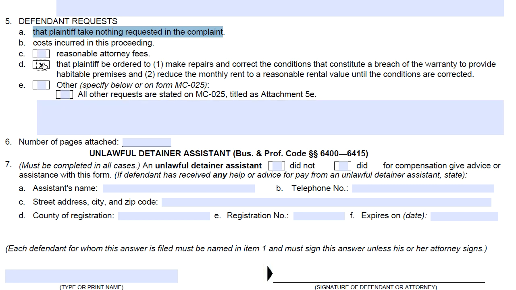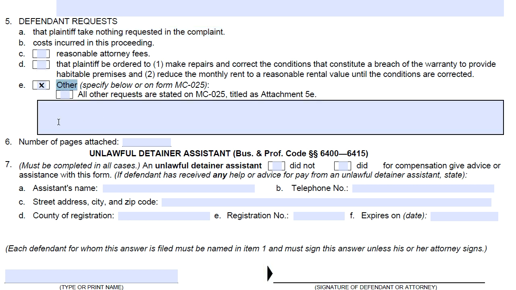D, if the reason why you didn't pay rent is because the property was in a shambles or there was something else wrong with it, you can ask that the landlord be ordered to fix those problems so you can stay living there. Again, there's another opportunity for you to ask for something else.